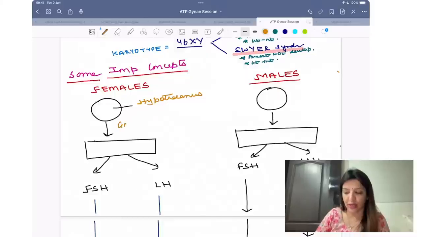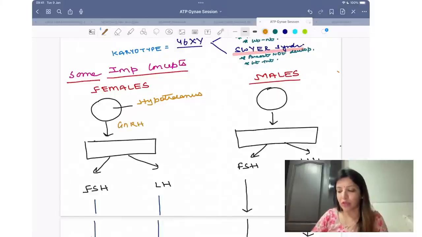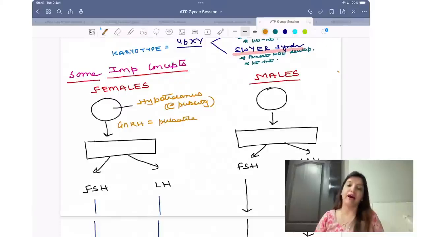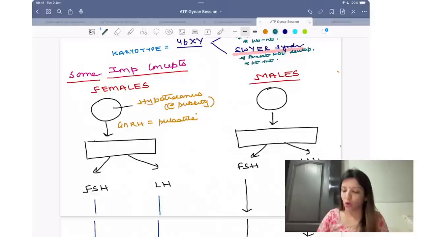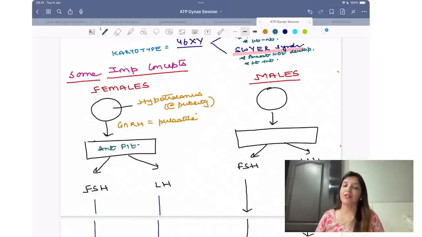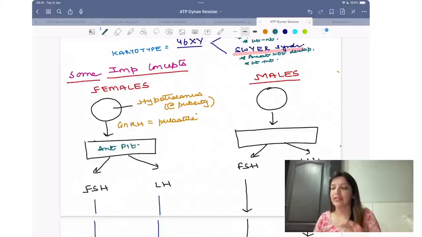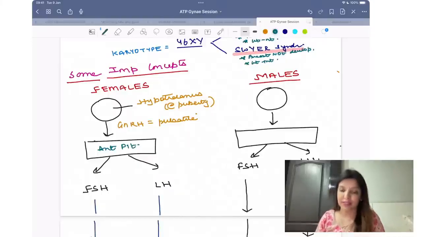Hypothalamus releases GnRH. This is going to be released at puberty, right? And this GnRH is going to be released in a pulsatile manner. Now this GnRH is going to act on anterior pituitary, and from anterior pituitary FSH and LH will be released.